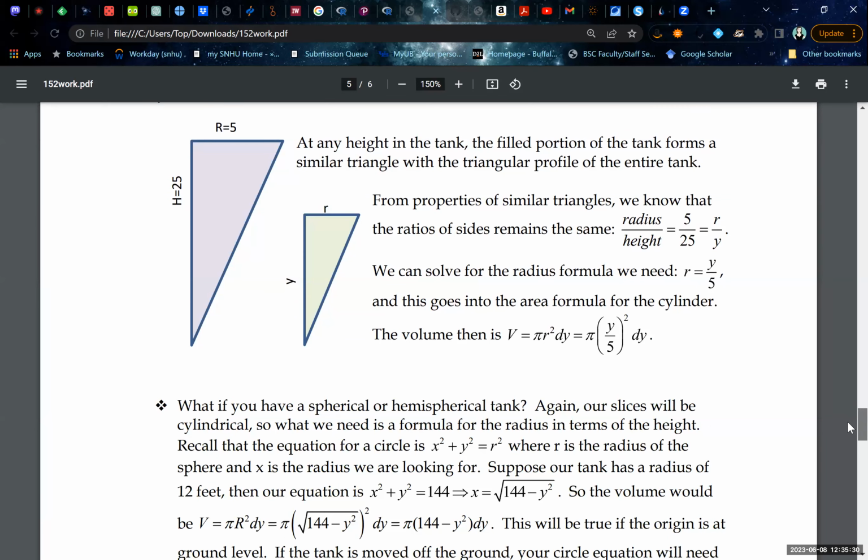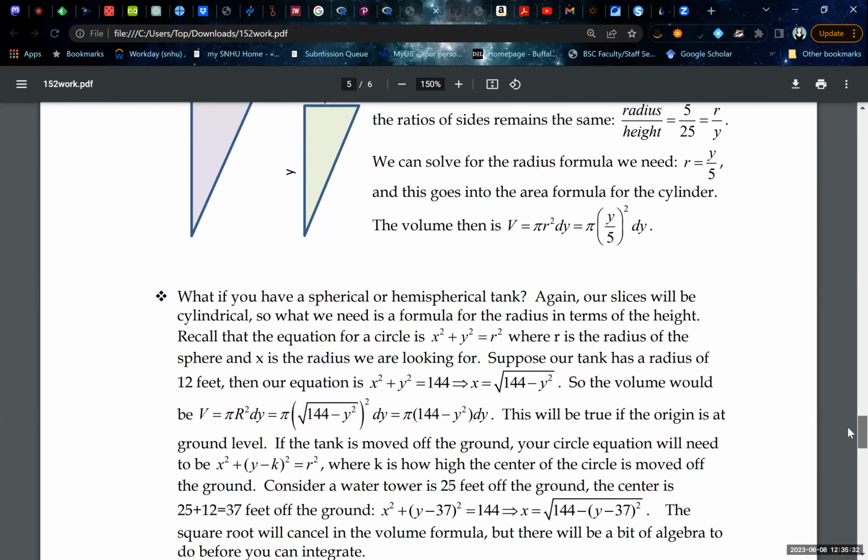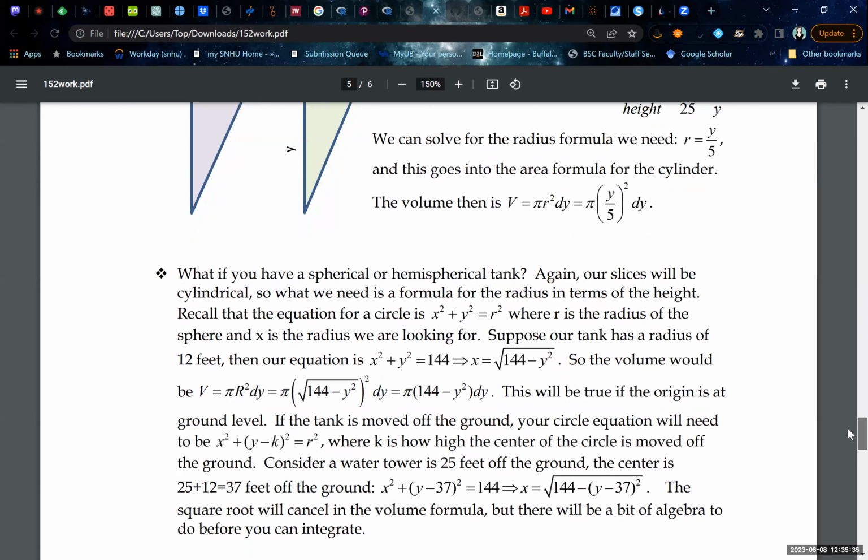Now, if you have a spherical or hemispherical tank, you want to think about the cross-section of the sphere basically being a circle. And if you're thinking about a standard circle, let's say the center is at the origin, then how far away are you from the center if you are at a certain height y, a certain distance from the bottom of the tank?